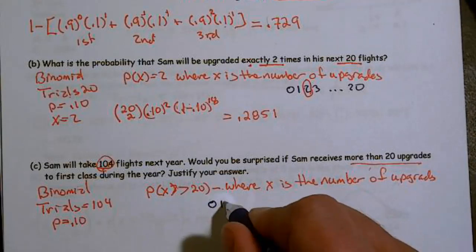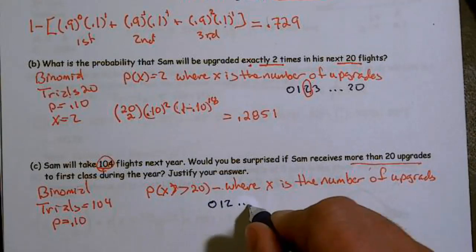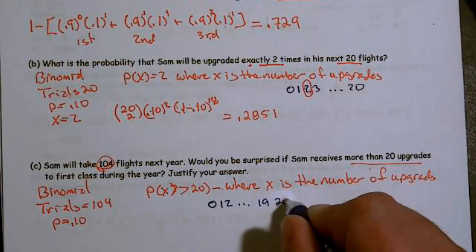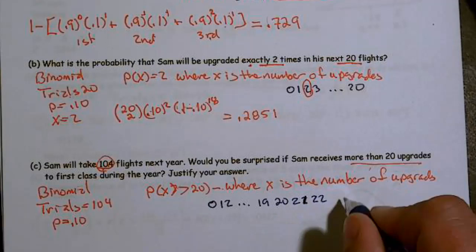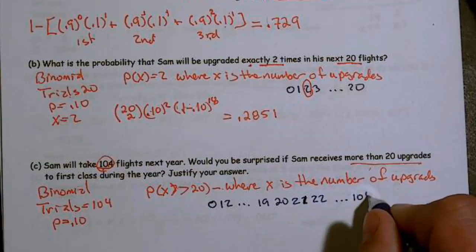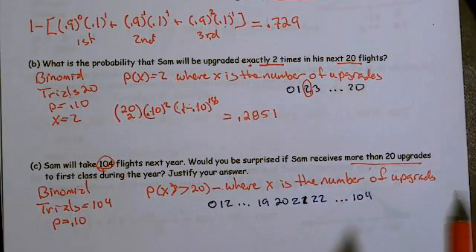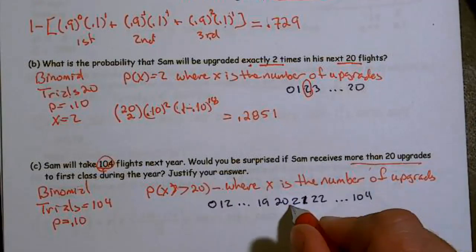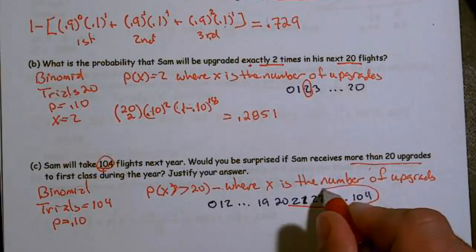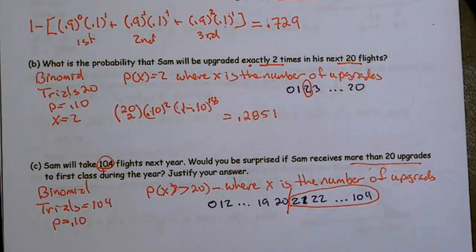So we have 0, 1, 2, and I'm going to skip 19, 20, 21, 22, all the way to 104. And the part that we are interested in is the probability that it'll take more than 20. So we're interested in these values.